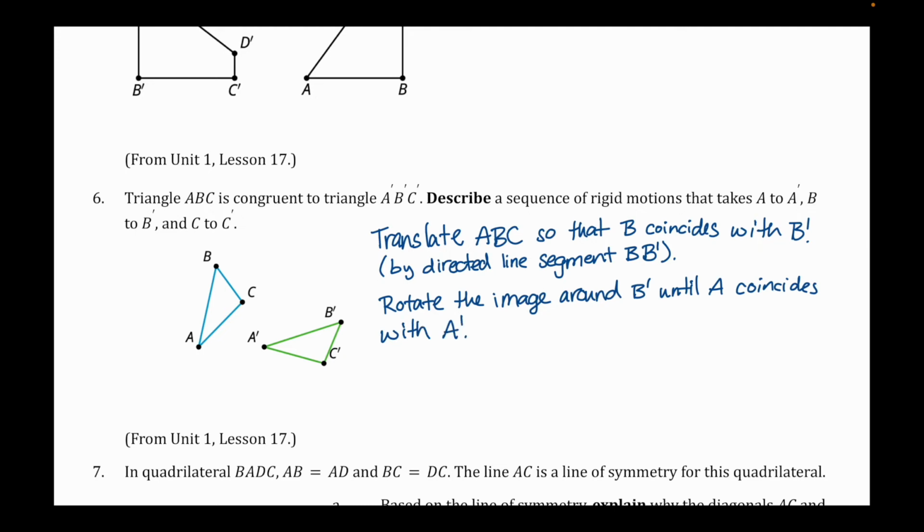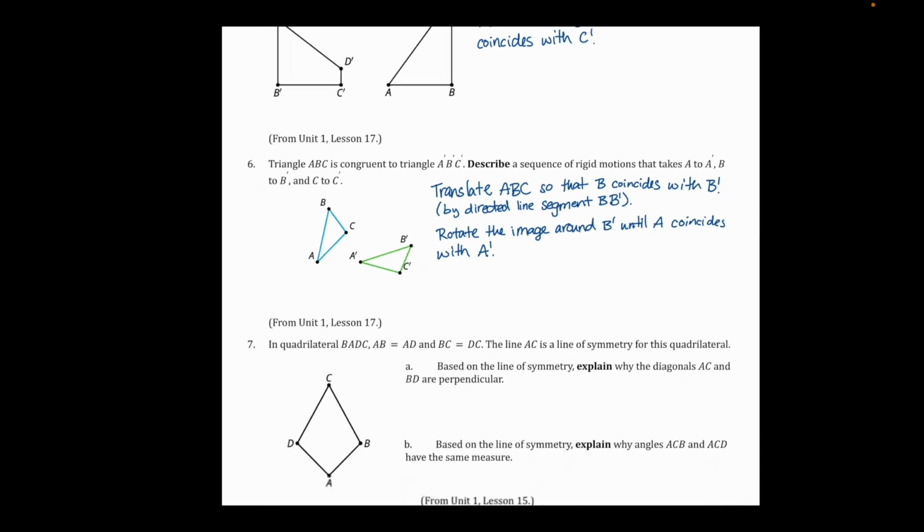You also could have chosen C here, and that answer would be correct. We just have to choose one of the other points of the triangle that isn't the one that we translated on originally on top. Okay.